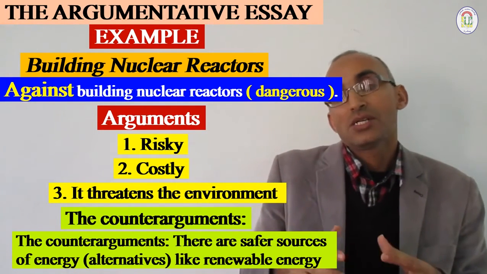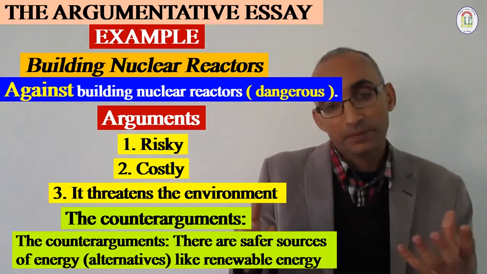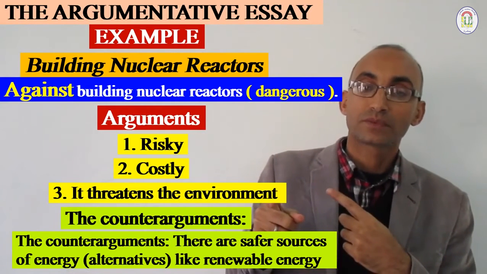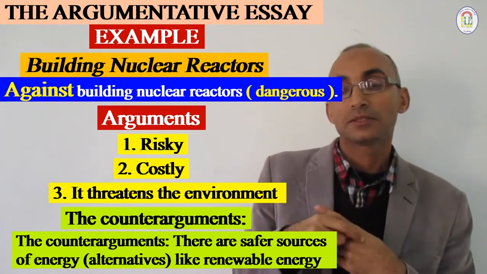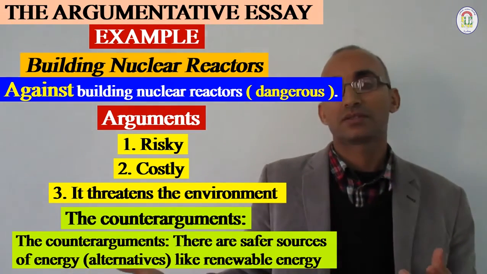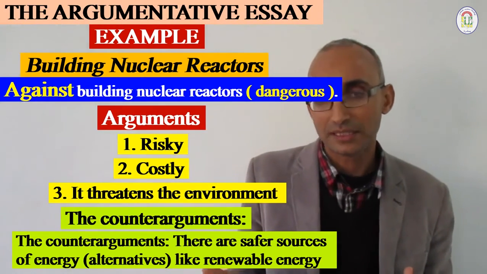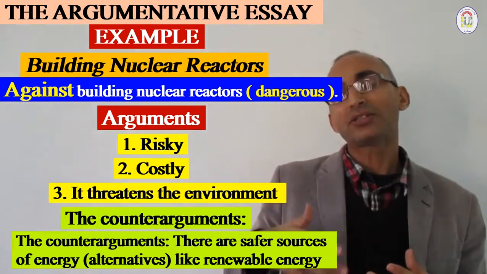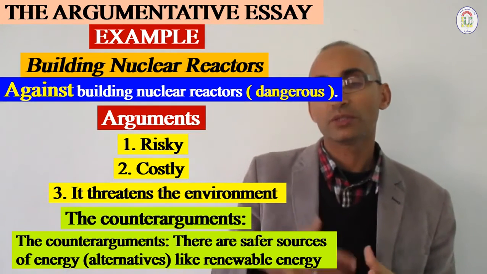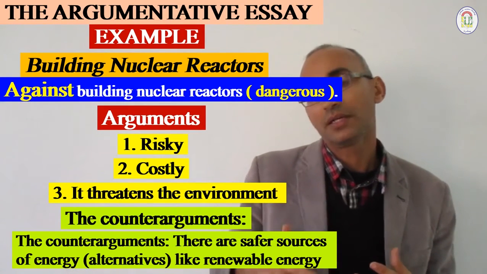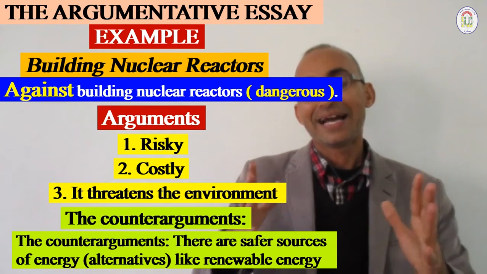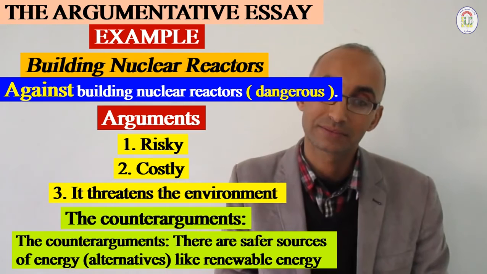Those who say they are good sources of energy for humanity, I will counter the argument or the view by saying that there are many other alternatives which are safer, clear, and also better energy producing, clean energy, like renewable and natural sources of energy, clear. And like this, I have prepared my outline, clear.